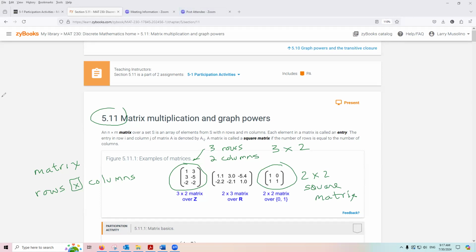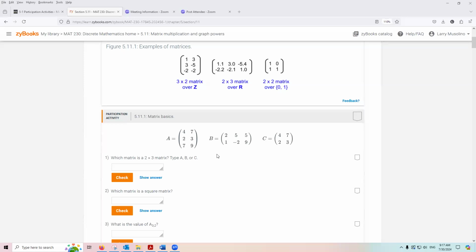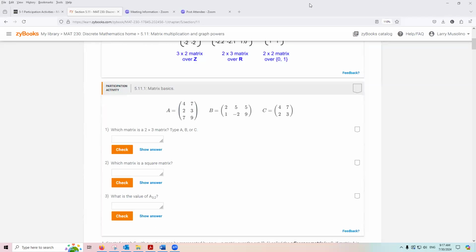All right, let me go to an example here. Let me scroll down a little bit. It's going to ask us here, what matrix is a 2 by 3? Well, I know that means 2 rows and 3 columns.